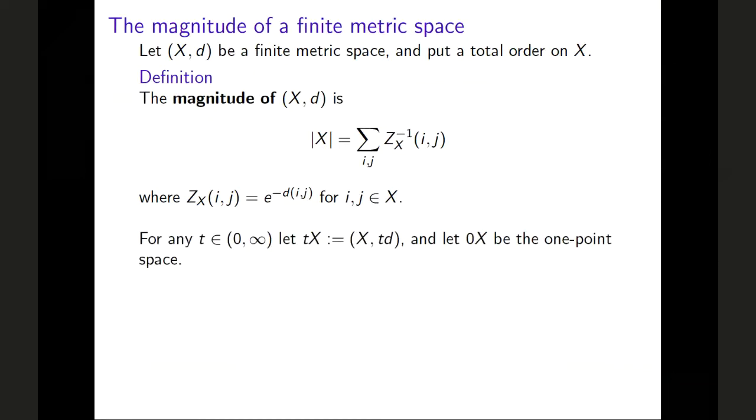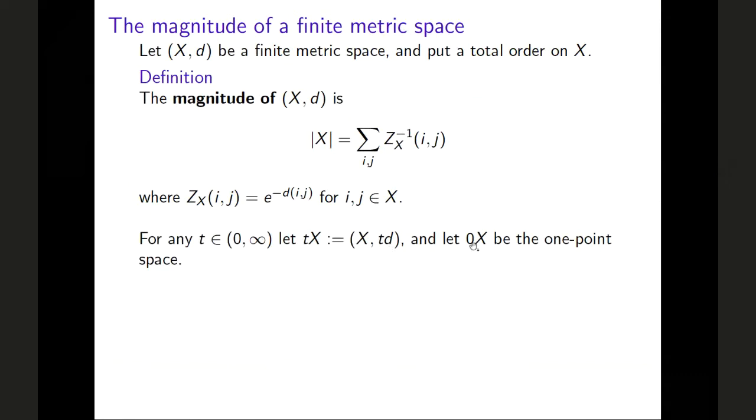In general, one is not interested in studying a metric space per se, but only up to rescaling, for example, of the distances between the points. So given a metric space, one can consider the family of metric spaces that one obtains by rescaling the distances by a positive real value t, and then one can also define the metric space rescaled by 0 to be the one-point space.